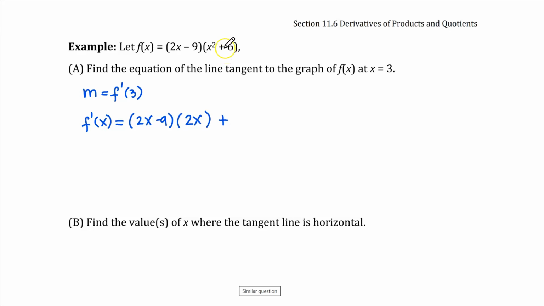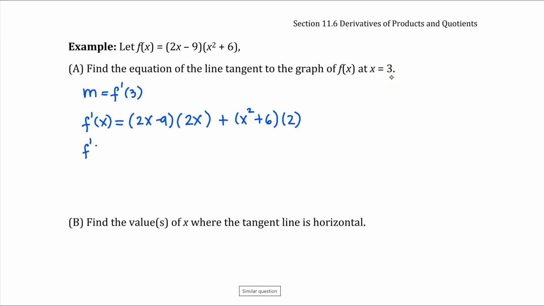Plus, copy the second, x squared plus 6, times the derivative of the first, which is 2. Derivative of 2x is 2. Derivative of 9 is 0. And then let's evaluate the derivative here at x equals 3.